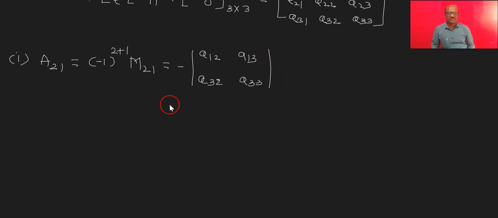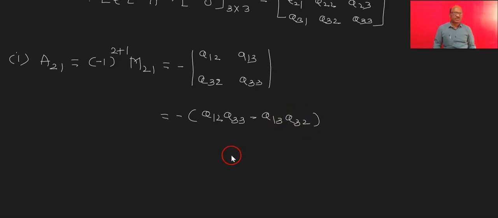Now solve this. That is minus in bracket a12 a33 minus a13 a32. This is the value.